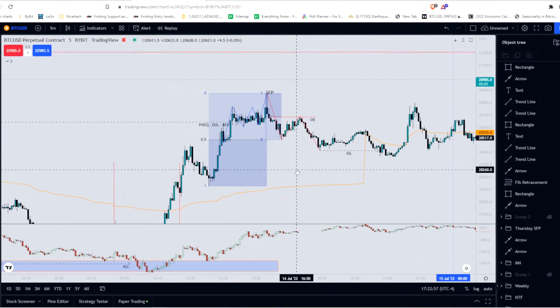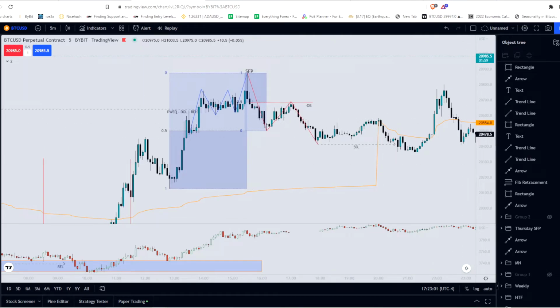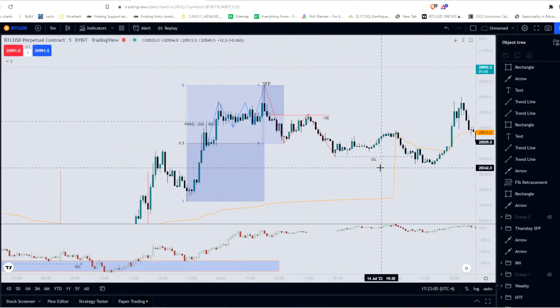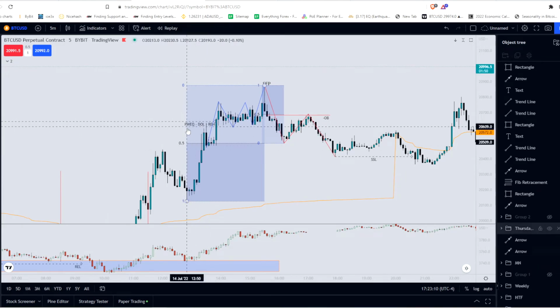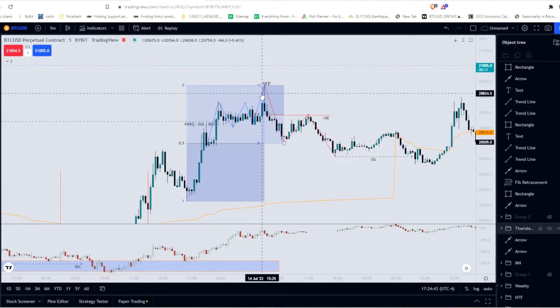Then in the afternoon, we create the conditions for a potential swing failure pattern. As price reaches our drawn liquidity high time frame targets that we were discussing earlier, we create this fractal, or the beginnings of this fractal, which we anticipate is going to end in a swing failure pattern.